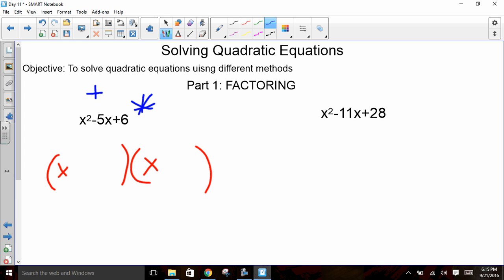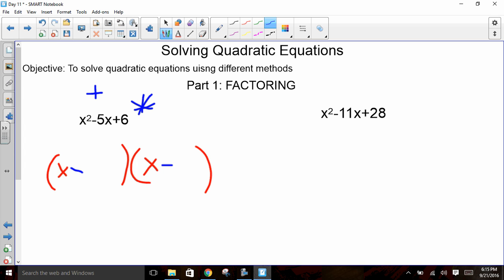Well, if I need to add to a negative number, can two positive numbers magically get me a negative answer? Can you get money twice, but then somehow lose it? No. So I'm going to put both signs there negative, because, again, negative times negative gives me that positive.